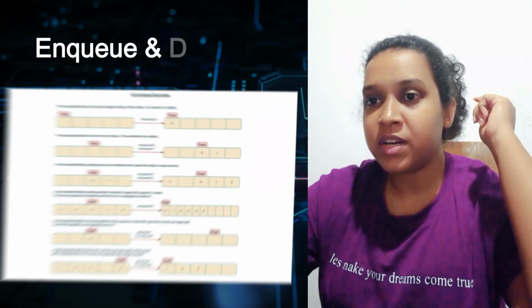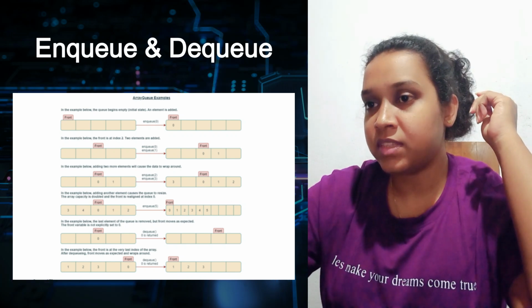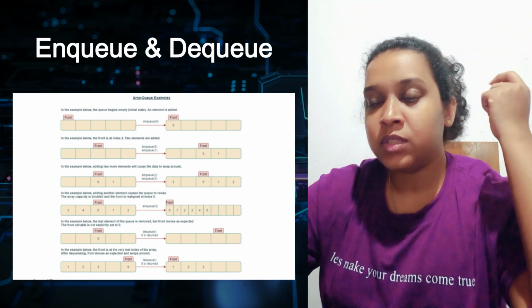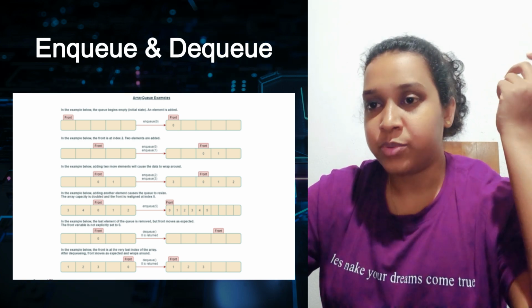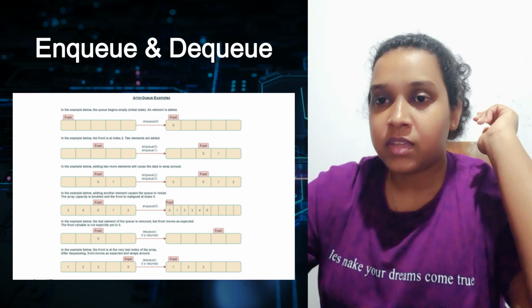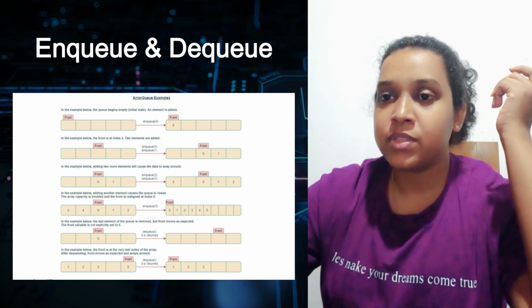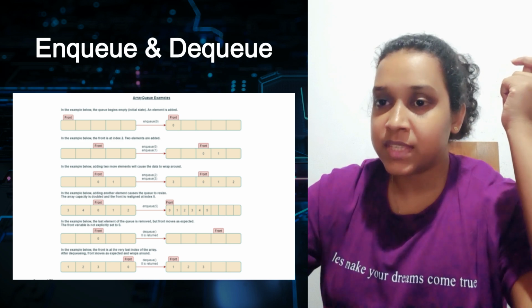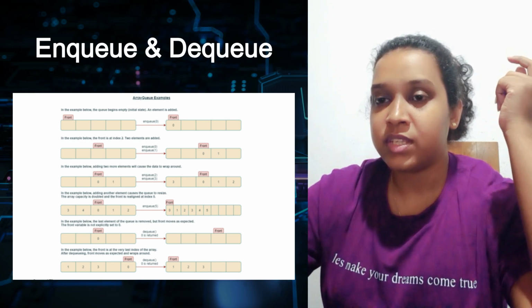Let's talk about how we add and remove items with our ArrayQueue. When you add an item, or when we are enqueuing, here is what's happening. We first check if the queue is full. If yes, we throw a warning. If the queue is empty, we set the front to 0.